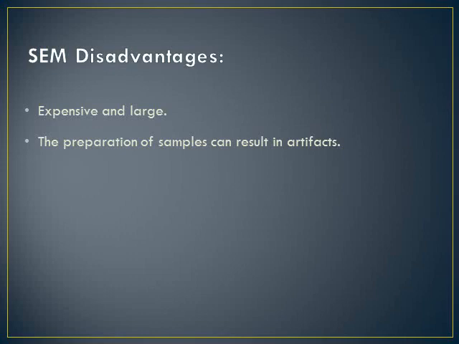Special training is required to operate an SEM as well as prepare samples. The preparation of samples can result in artifacts. The negative impact can be minimized with knowledgeable, experienced researchers being able to identify artifacts from actual data, as well as preparation skill. There is no absolute way to eliminate or identify all potential artifacts.